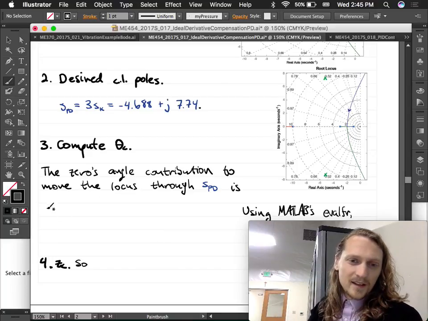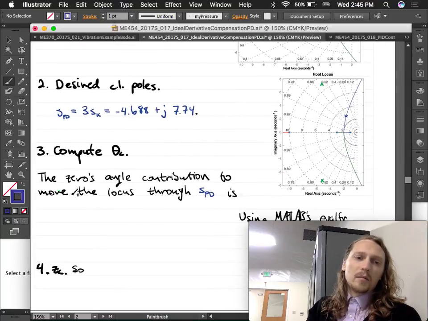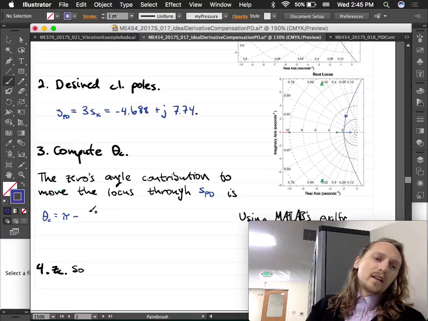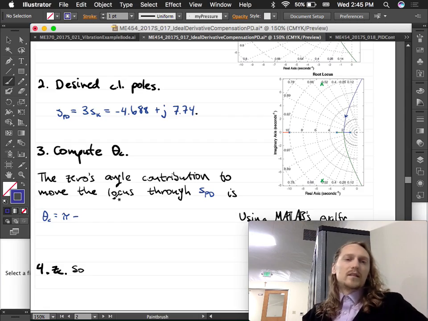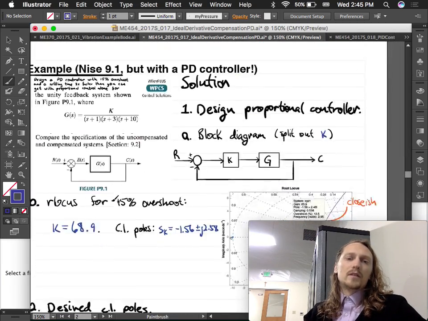This is the zero's angle contribution to move the root locus through S_PD. So we're going to call it theta c equals pi minus the angle of G of S_PD.